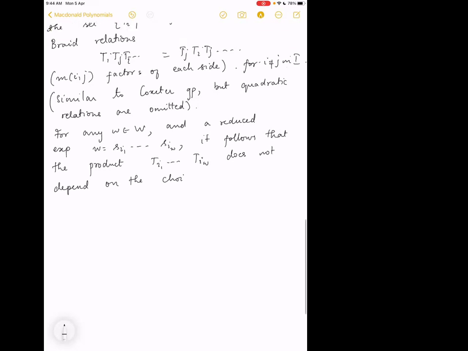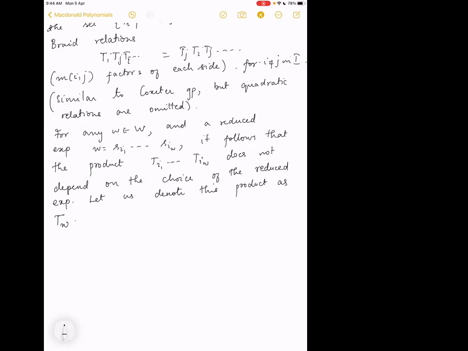They allow you to go from one reduced expression to the other, and the braid relations still hold in the braid group. So let us denote this product as T_w.